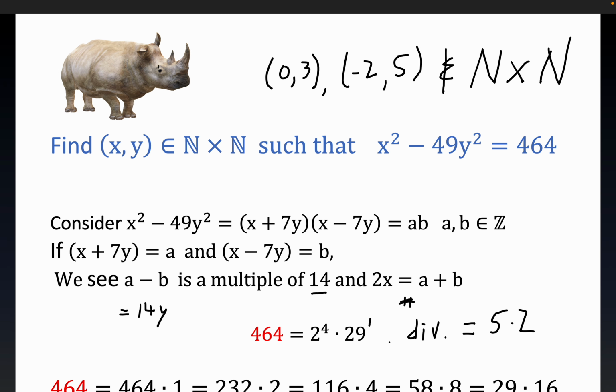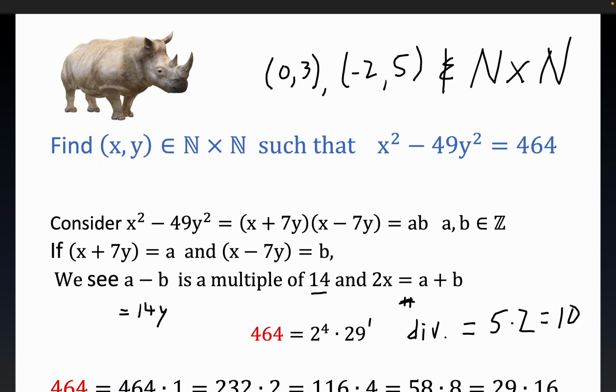You need to allow for 0 to be an exponent, since 1 can be a factor. So you have to allow for 0, 1, 2, 3, 4 right here, and for 0 and 1 right here. So that's why you have 10 divisors.